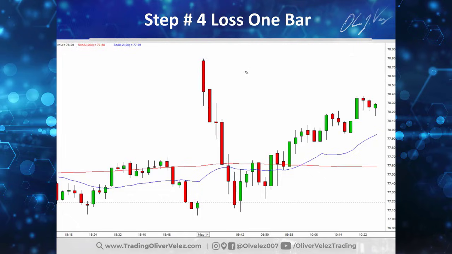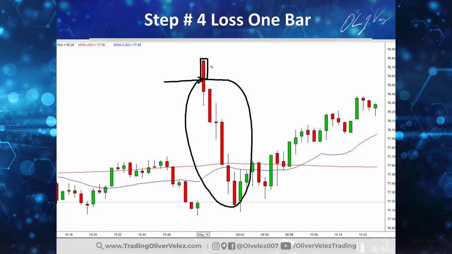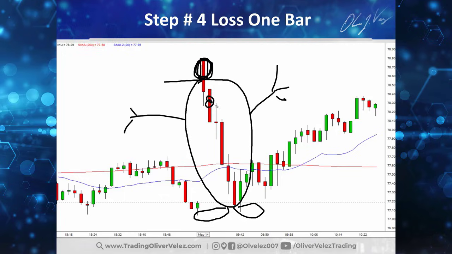Now look at the risk unit. Always know your risk unit. And here's the potential. And there's your snowman. When we play short, the snowman is on its feet. And when we play long, the snowman is on its head. Boom.